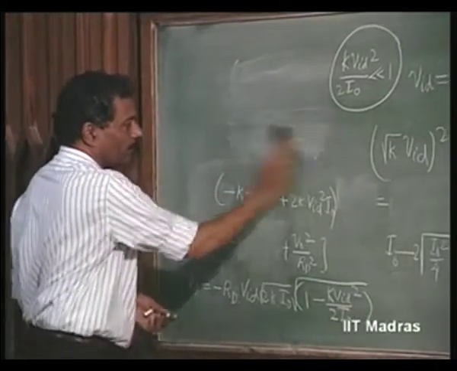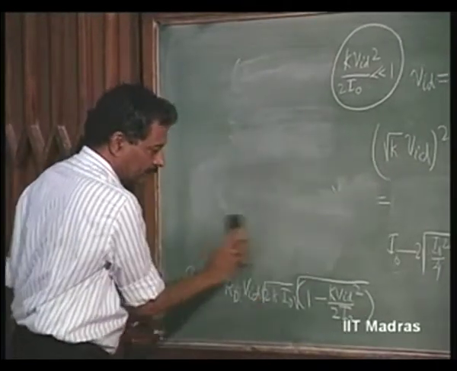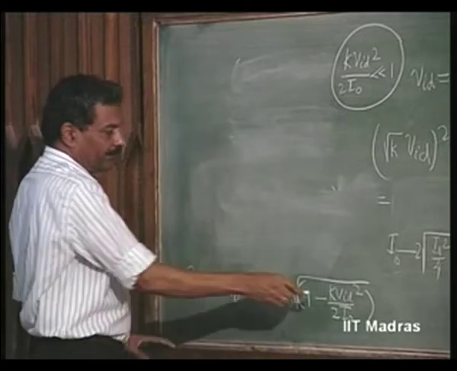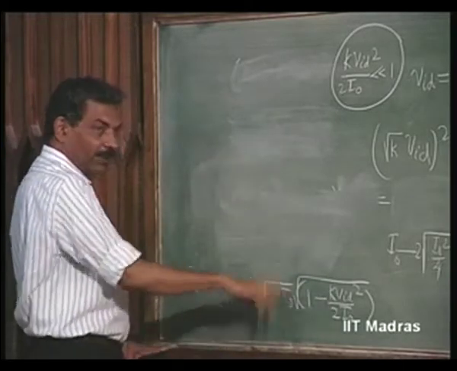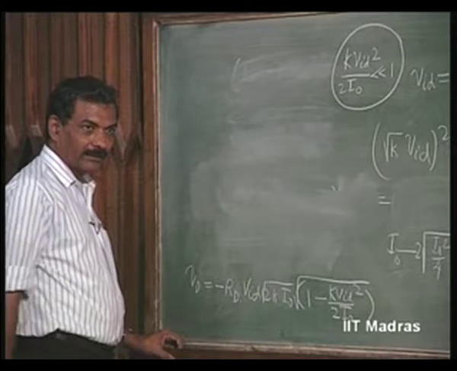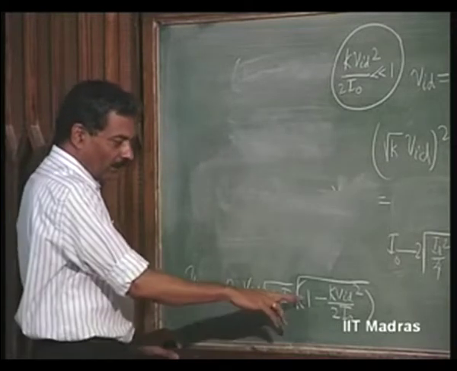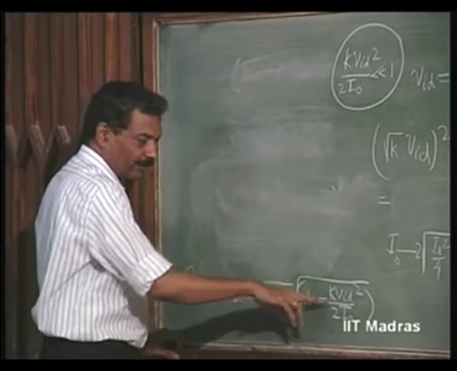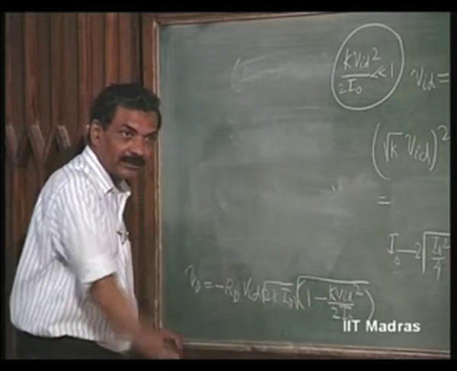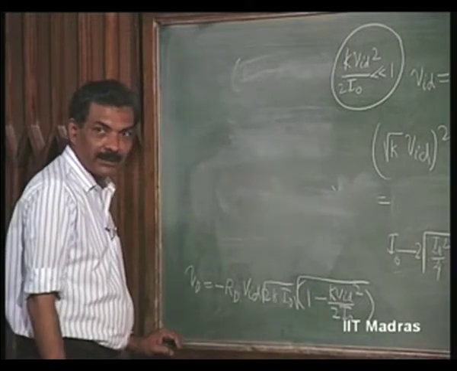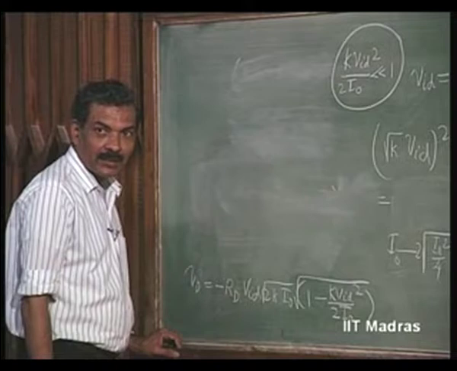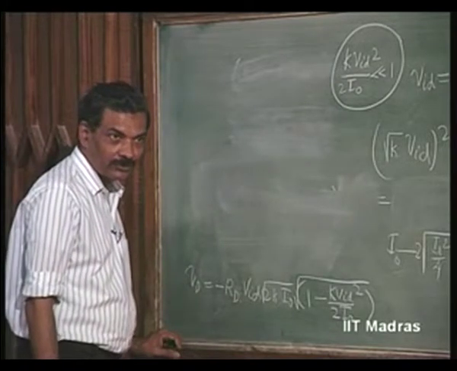Okay. What are those approximations? If this factor is much less than 1, the square root can be approximated as, you know mathematics, 1 minus, if square root of 1 minus x and x is small, what is square root of 1 minus x? 1 minus x by 2. Okay.